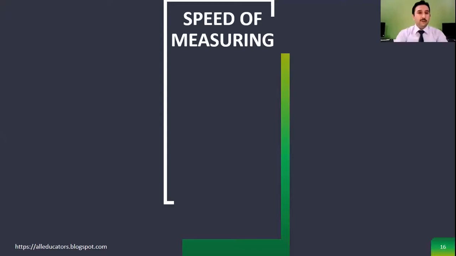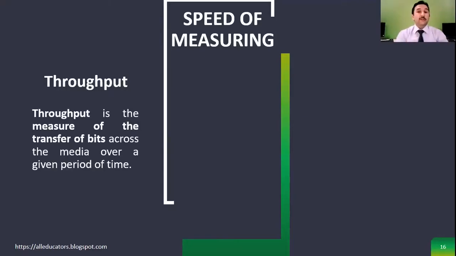The other word about the speed of measuring, like bandwidth, is throughput, and this is the measure of the transfer of bits across the media over a given period of time. However, due to a number of factors, throughput does not usually match the specified bandwidth.